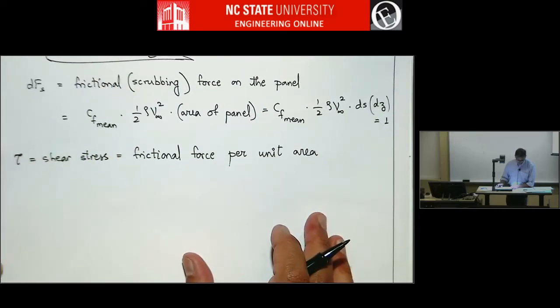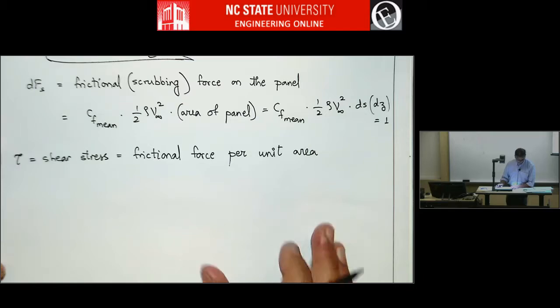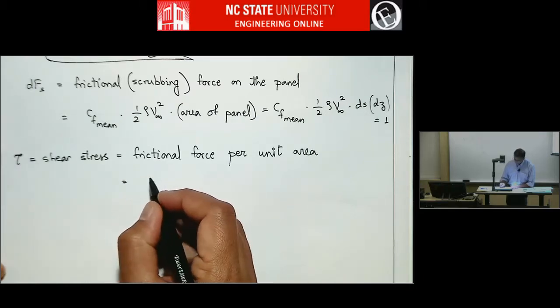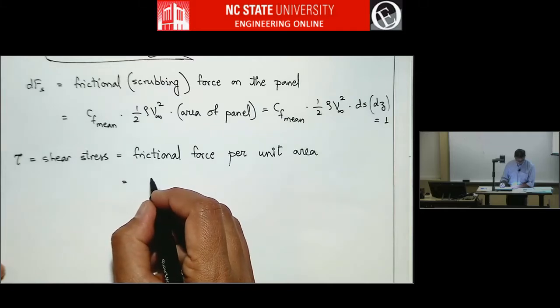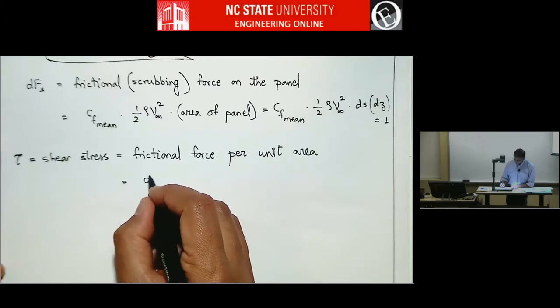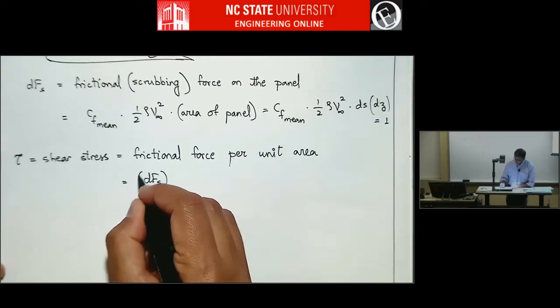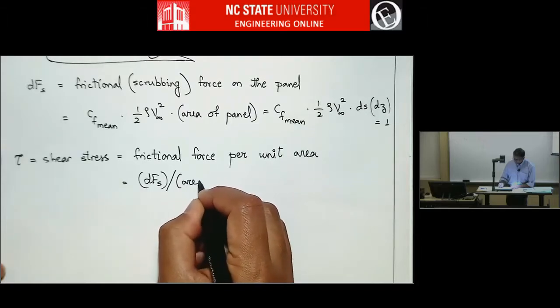And tau is defined as dFs divided by area of panel.